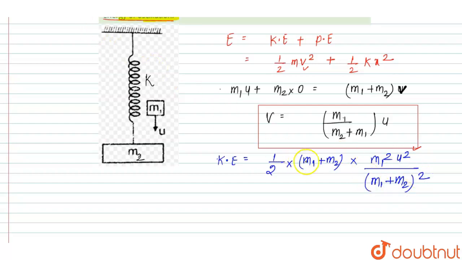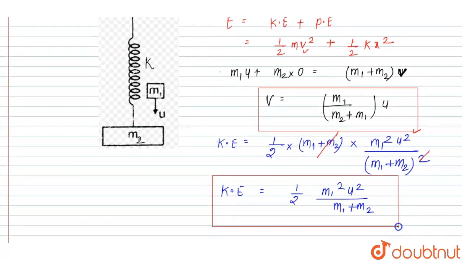Then m1 plus m2 cancels out with one m1 plus m2, so the kinetic energy is half into m1 square u square upon m1 plus m2. This is the kinetic energy of the system m1 plus m2.